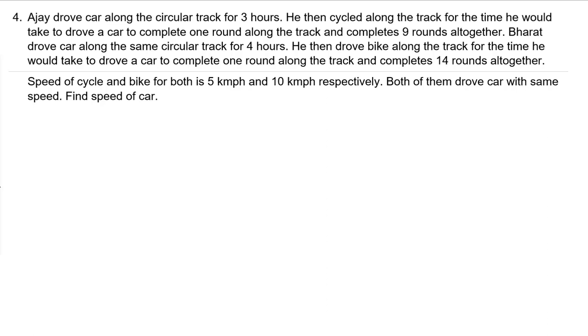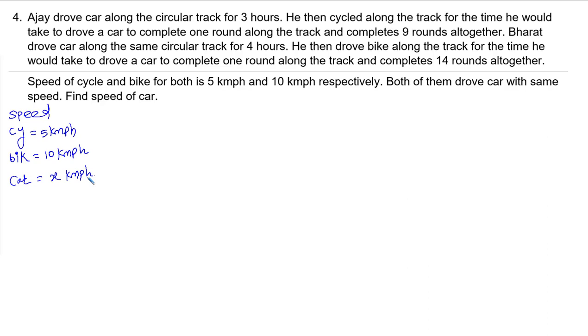And then the same kind of statement is there for Bharat, and at last it is given that the speed of cycle is 5 km per hour, the speed of bike is 10 km per hour, and we need to find the speed of car, let's assume it as x kilometers per hour.